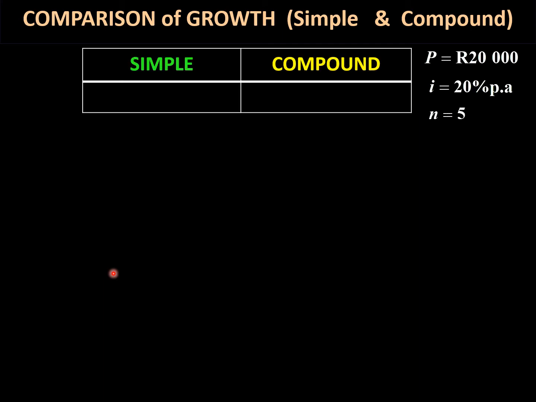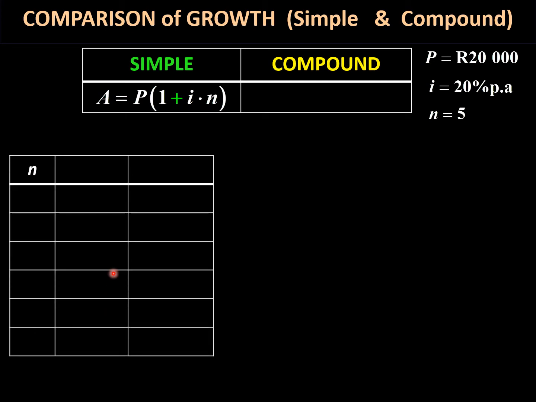For simple interest, we know this is the formula: A equals P(1 + i × n), where A is your final amount, P is your initial amount, i is your interest rate, and n is the number of years.